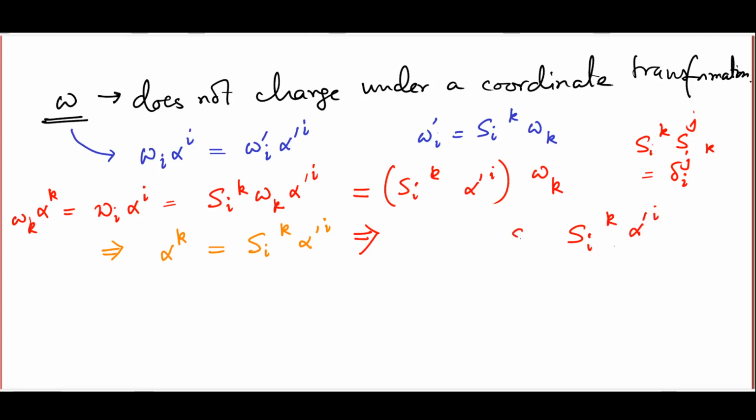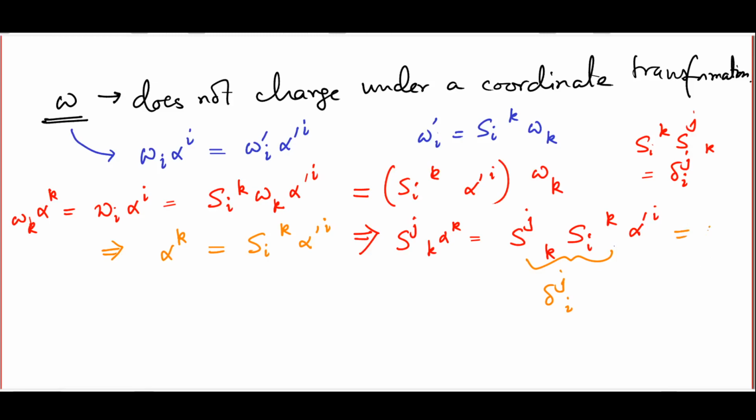So if I want to contract it with something, I should contract it with this k. So this S should have a downstairs index k and an upstairs index which is free. So I just put that as j. Now, of course, if you do this, you have to do it on the other side as well. So we get S_k^j alpha^k equals this expression. But now, this thing, according to the result that I just wrote down, is actually delta^j_i.